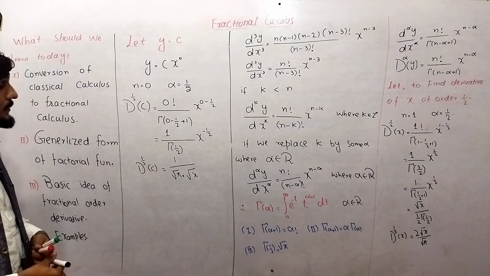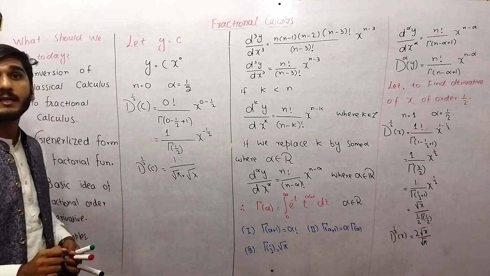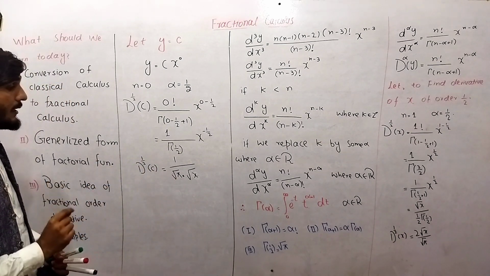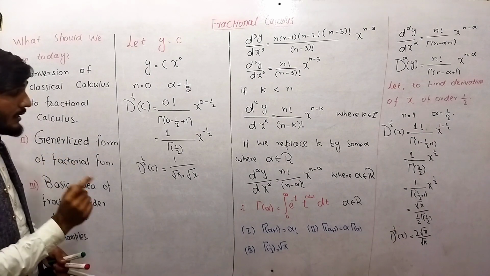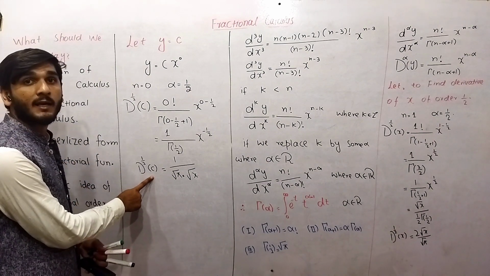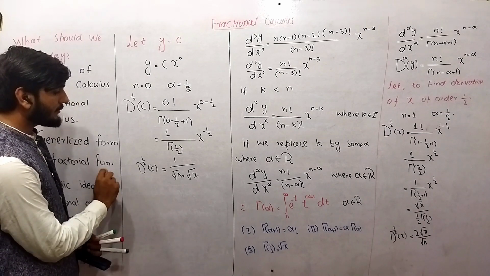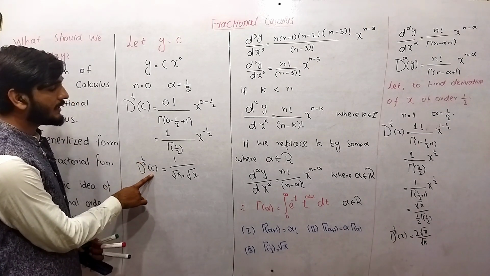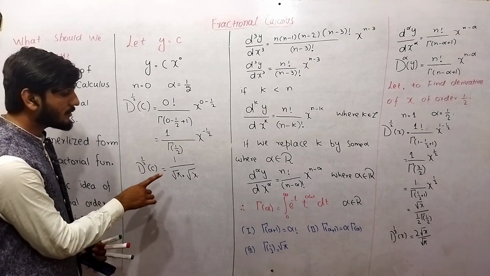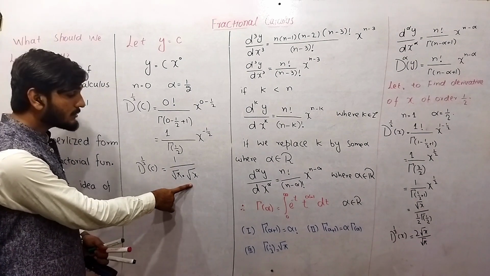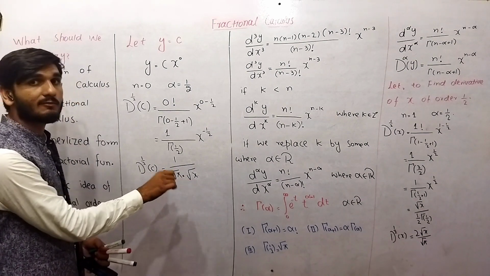That result is surprising, as in ordinary calculus the derivative of a constant is 0, but here the derivative of the constant is not 0 but a function of x. It means a variable is involved in it.